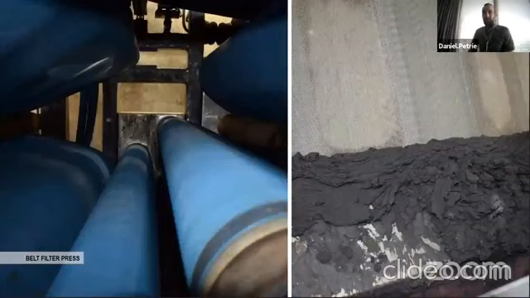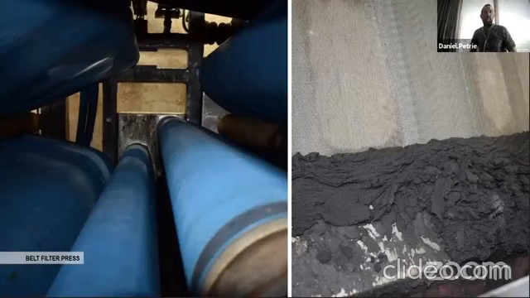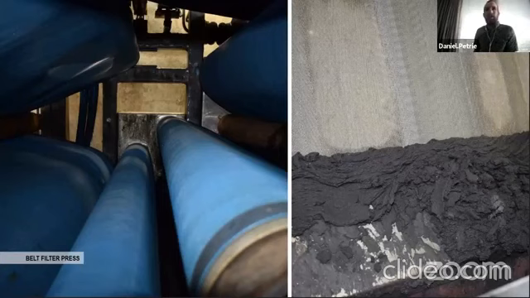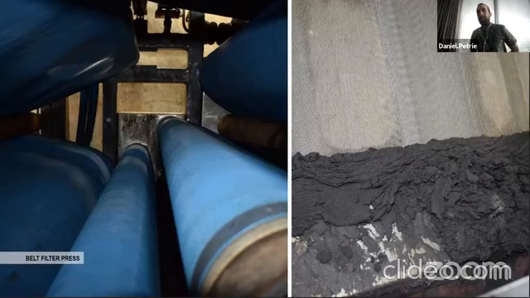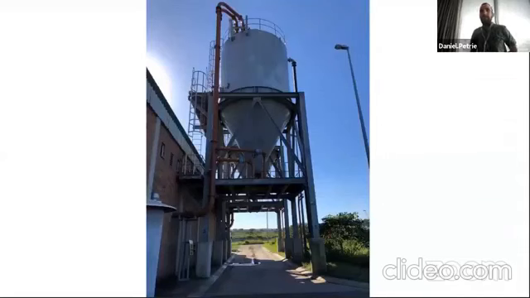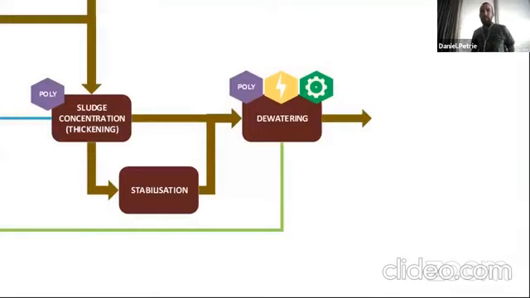So it's kind of like making pastry and rolling two sheets together, but it's done in a machine at quite high forces on those belts, and you should get a nice dryish cake, dewatered sludge that might resemble something like this on the right. And that can be stacked and stored in a silo and then transported away to whoever wants it. So that's the million-rand question: who wants it?